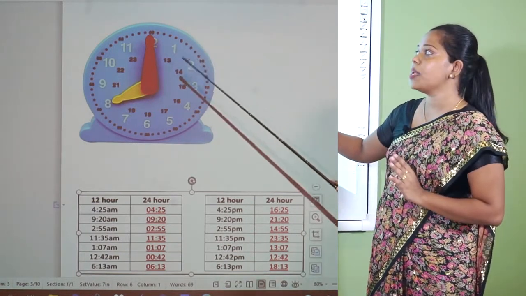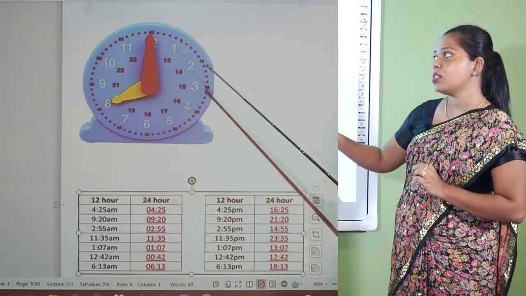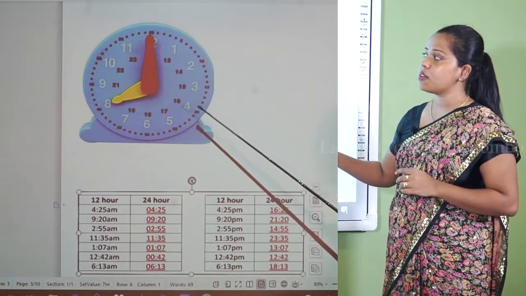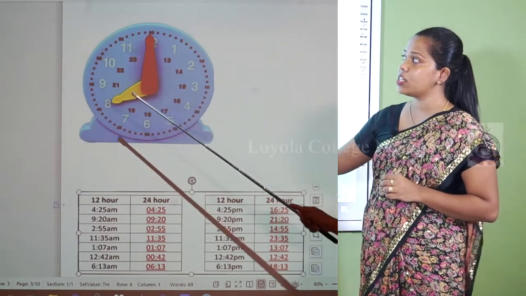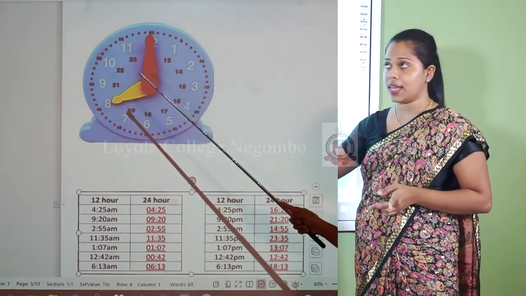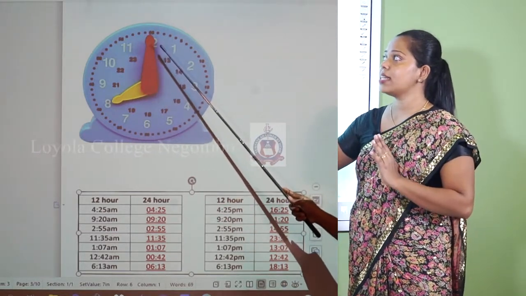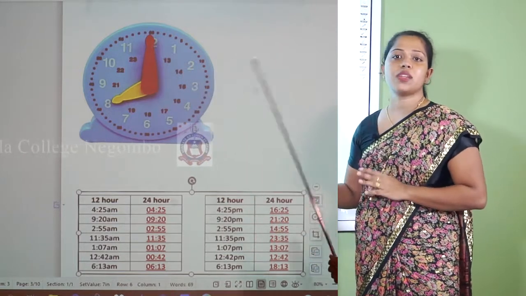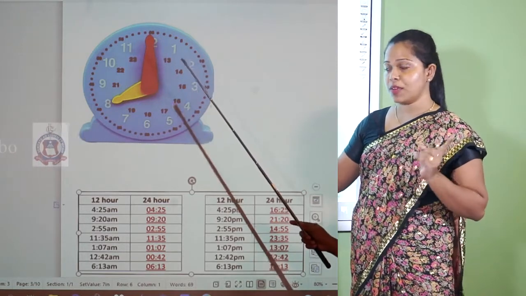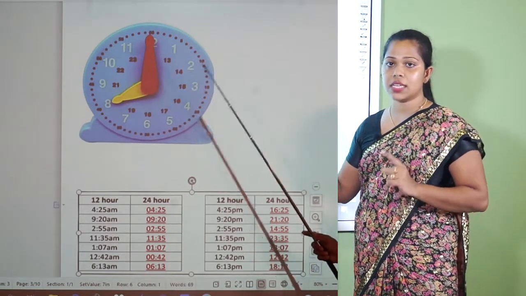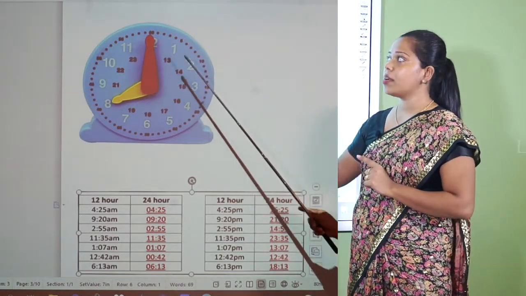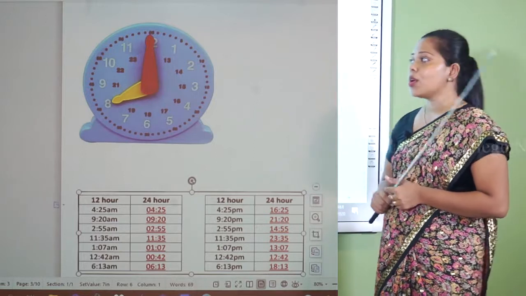So 1 plus 12 is 13, 2 plus 12 is 14, 3 plus 12 is 15, 4 plus 12 is 16, like that it goes. And when it comes to here, 11 plus 12 is 23, and then we don't take 12 plus 12 is 24. No, that is wrong. 12 midnight, I told you before also, means 00:00. So we do not write it as 24.